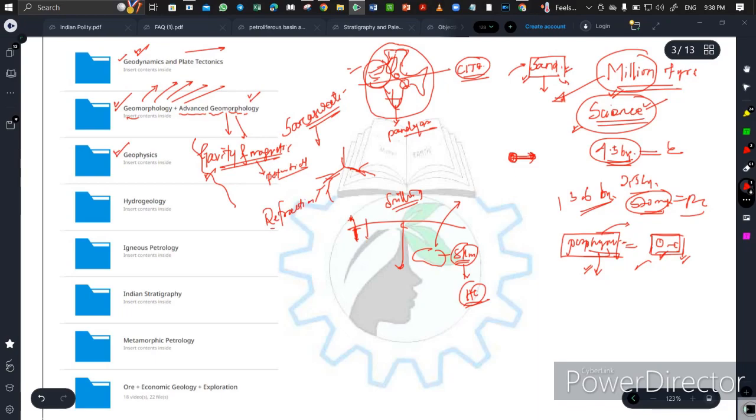Okay, if a bridge has to be built somewhere, you have to get some soil samples, rock samples, then study the overall strength. After seeing the strength, what will be the structure, its thickness, how much mass it can bear, what overburden it can withstand, because a bridge is a very great structure.